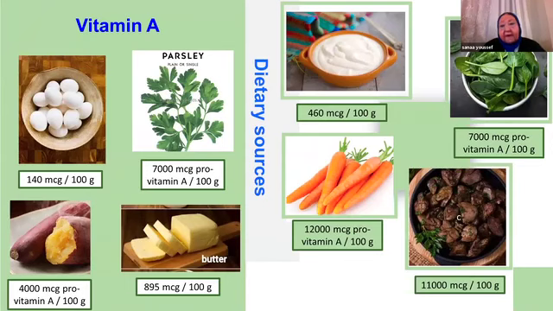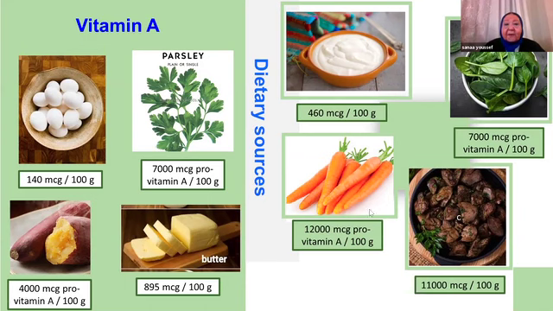The second vitamin I would tackle is vitamin A. Vitamin A is of utmost importance, as you all know, to the immune system. We have, and these are the examples of the dietary sources of vitamin C. It's very simple.